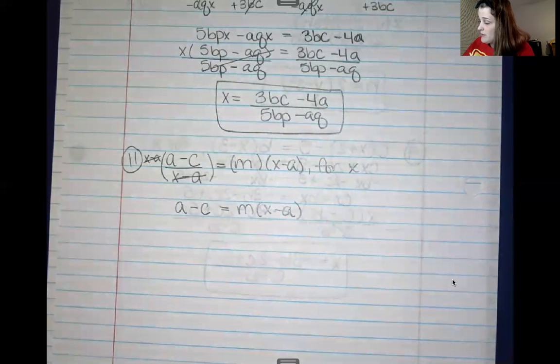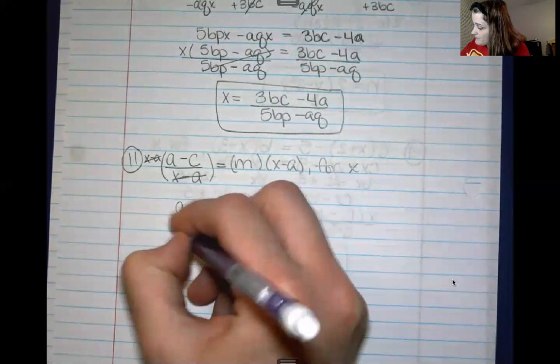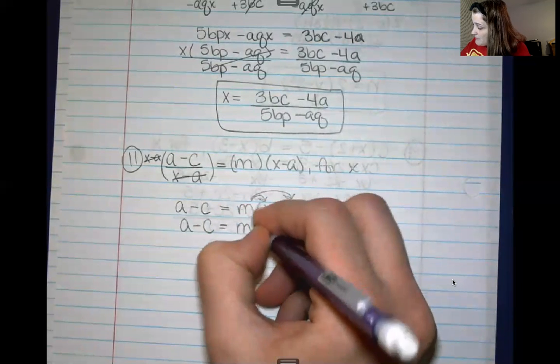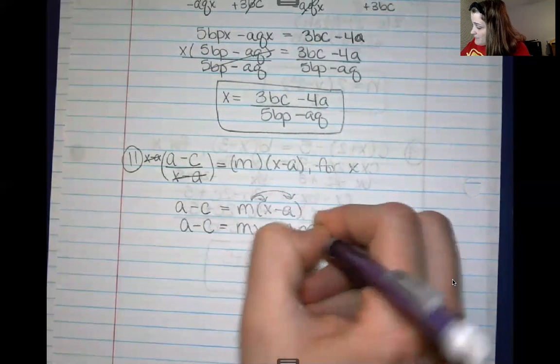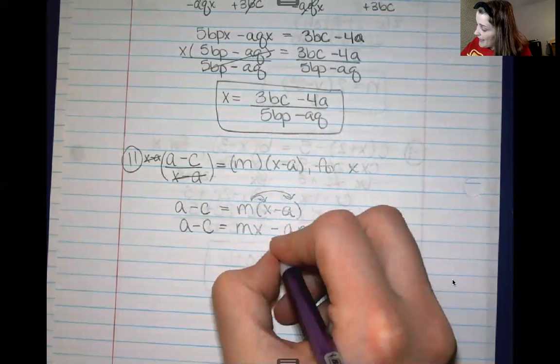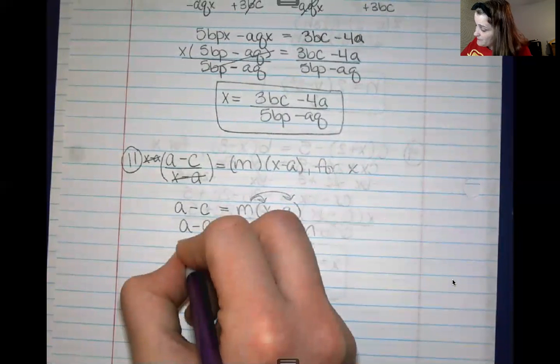Okay, now from here, I'm still trying to solve for x, so I'm going to have to distribute. And I get mx minus am, or ma, again, it doesn't matter, but alphabetical would be am. Then I'm going to add am because we're trying to solve for that x value.